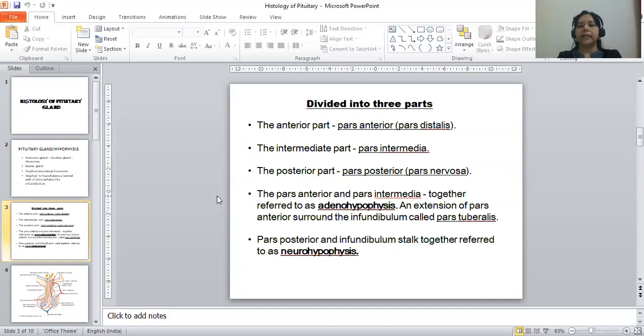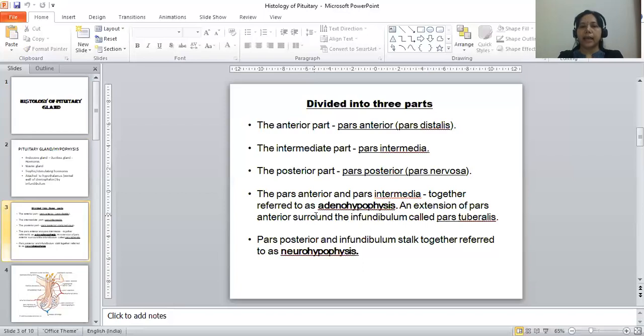The pars anterior and pars intermedia, that is the first two parts, together is referred to as adenohypophysis or anterior pituitary. The anterior part, that is pars distalis, also gives a small tube-like extension towards infundibulum, and that is called as pars tubularis. I will explain it to you in the next slide.